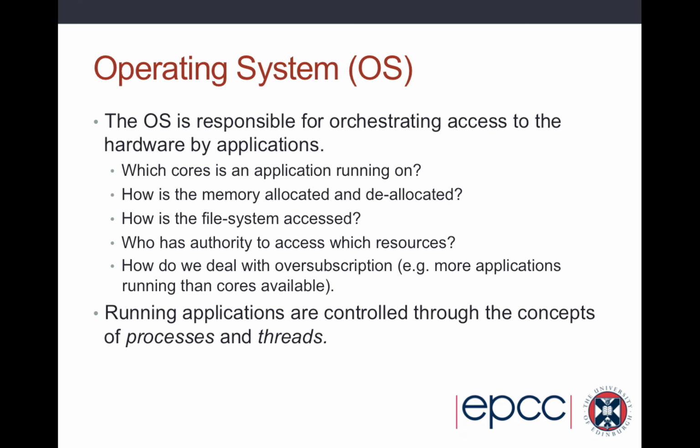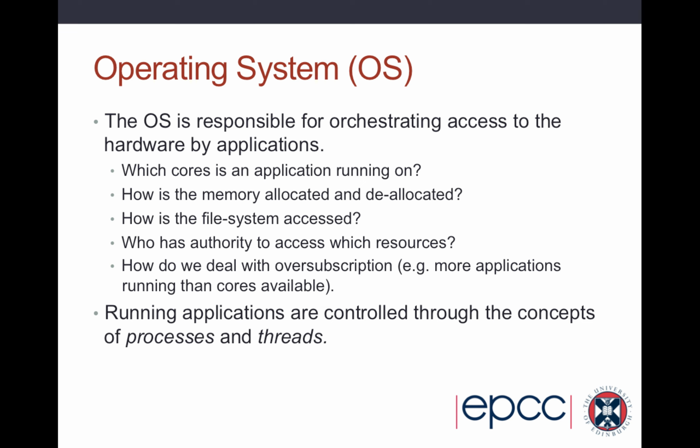First of all, the operating system, what is it? There are a number of different operating systems out there, for example, Mac OS or Windows or Linux, and even other ones, the OSs that are used for mobile phones, such as Android and iOS. And what the operating system does is it orchestrates access to hardware by the applications that are running on your computer.